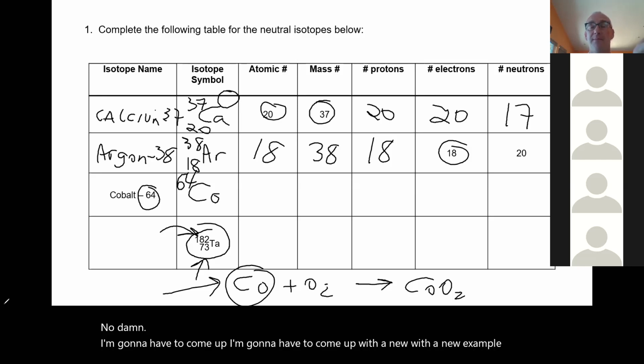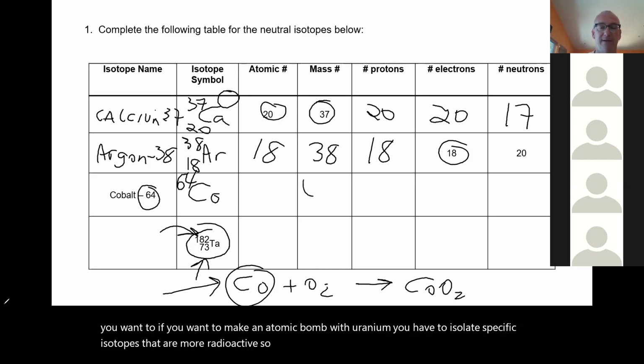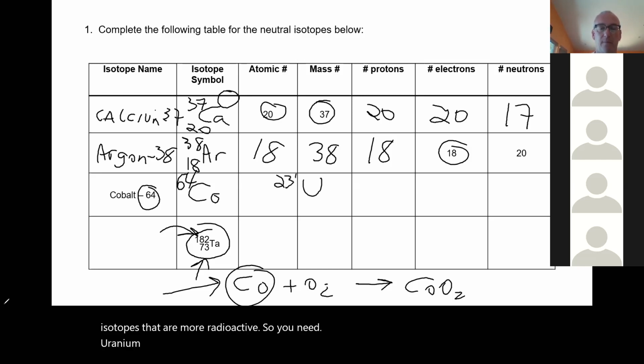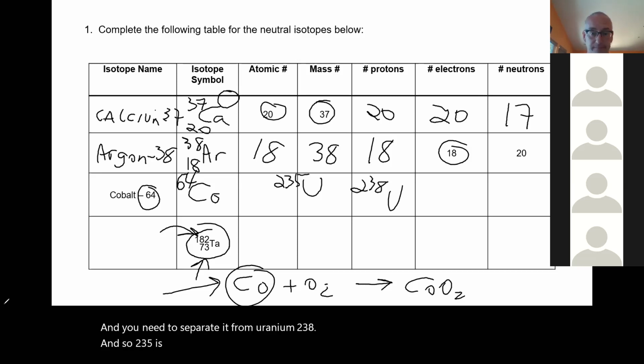Anyway, if you want to make an atomic bomb with uranium, you have to isolate specific isotopes that are more radioactive. So you need uranium-235, and you need to separate it from uranium-238. 235 is more radioactive, and you can make a bomb out of it.